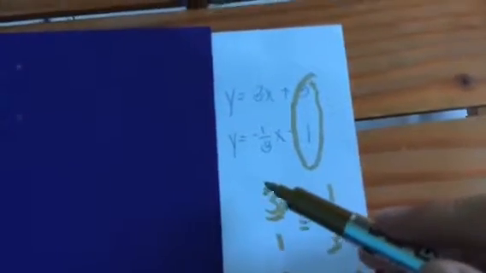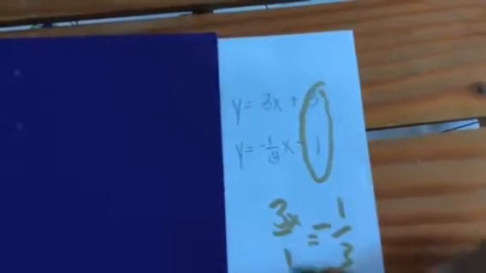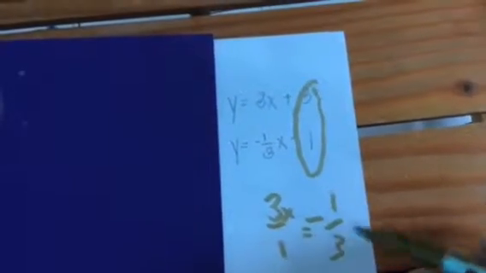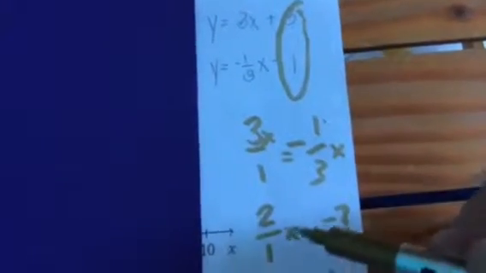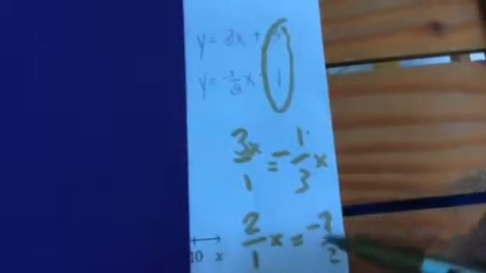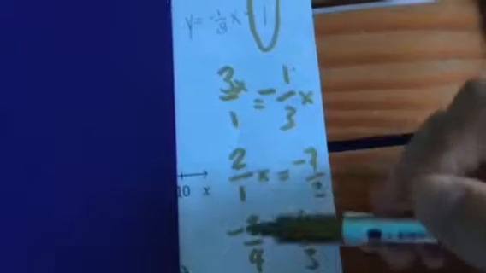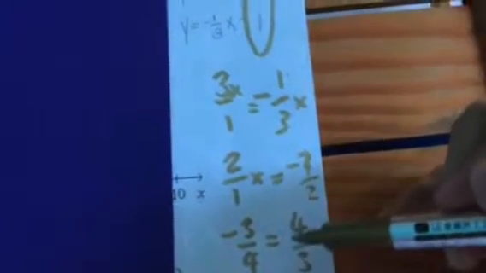So since 3x is technically 3 over 1x, it will become negative 1 over 3x. This goes the same with 2x, which is 2 over 1x, and it becomes negative 1/2 x. And same with negative 3/4 x, it will become 4/3 positive. So yeah, that's basically how you tell if it's perpendicular using just these two.